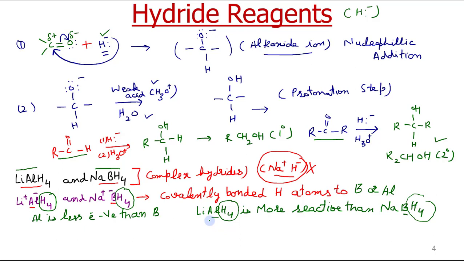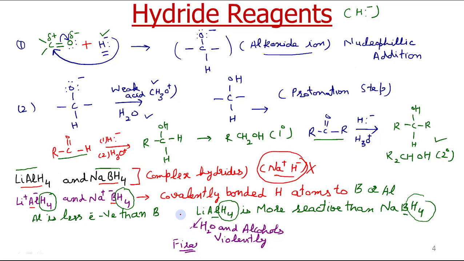And one more problem with lithium aluminium hydride is that it reacts with water and alcohols violently. So it very quickly reacts with water or alcohols, and sometimes it even produces fires.